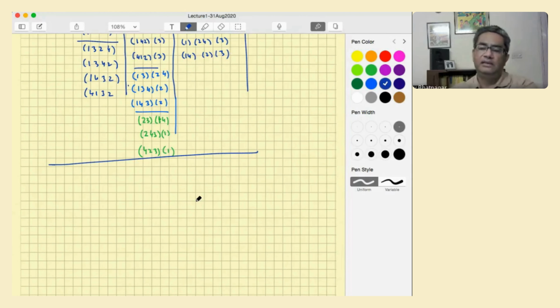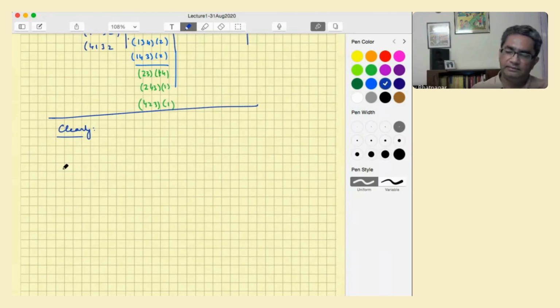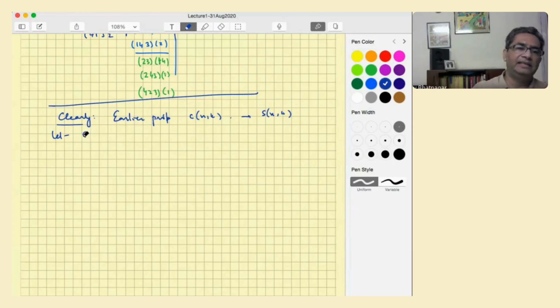So we can insert the... so what I'm going to do is, earlier in the proposition I had C and K, but since it's going to become S and K, I'll just write it in terms of S and K. So let S and K be what C and K was.